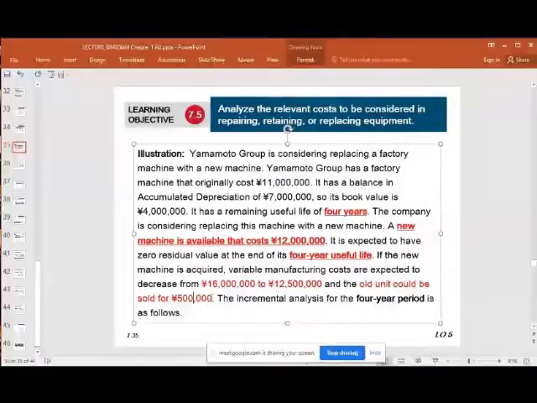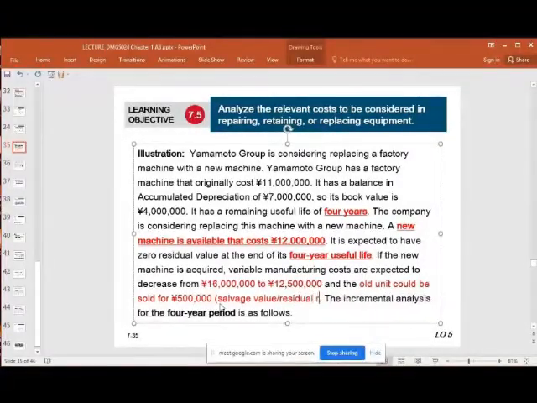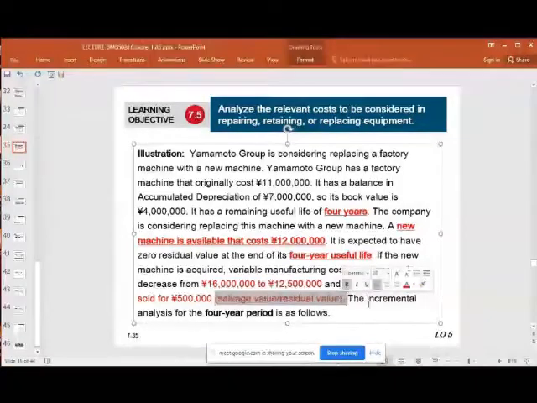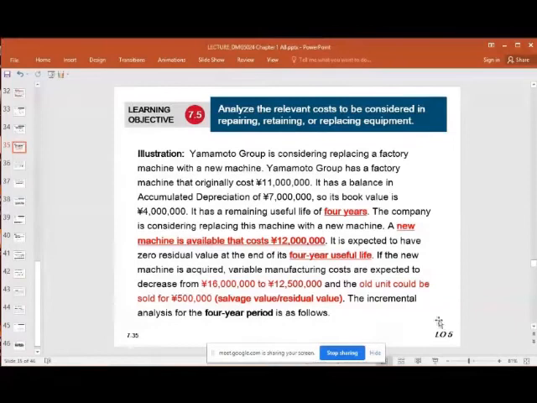Same thing. After you use it, then you sell it, how much do you get? That is your salvage value or residual value. So these are the information that I need.